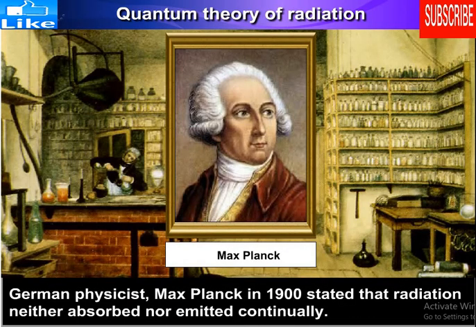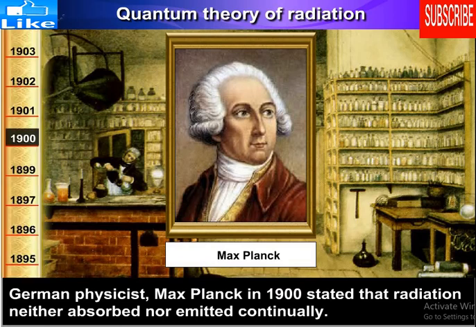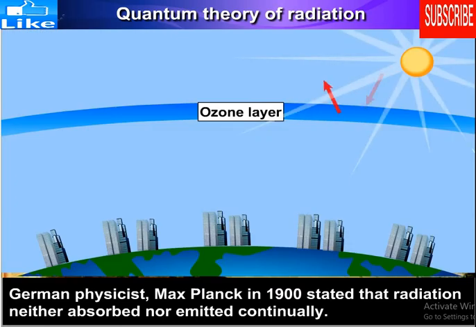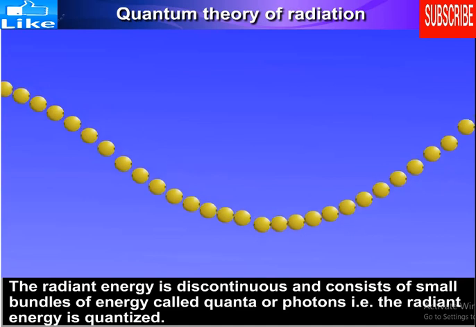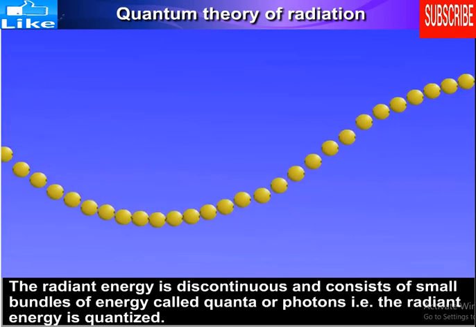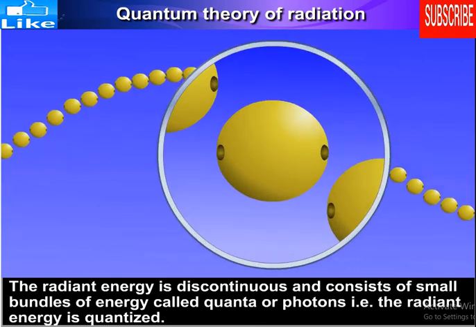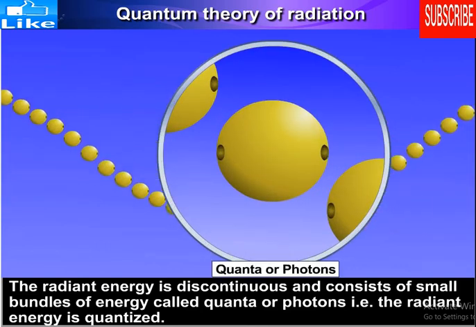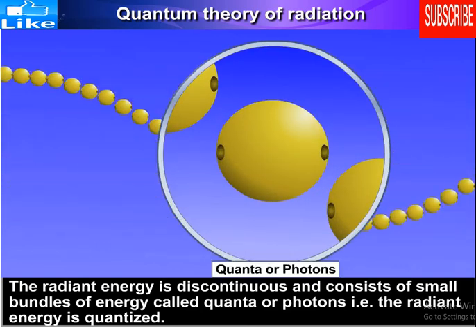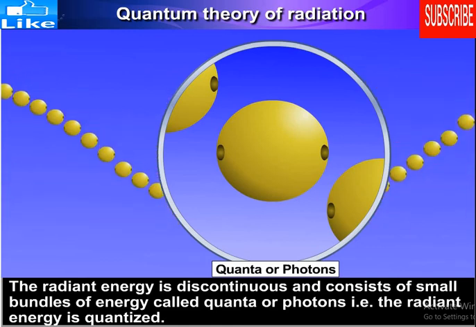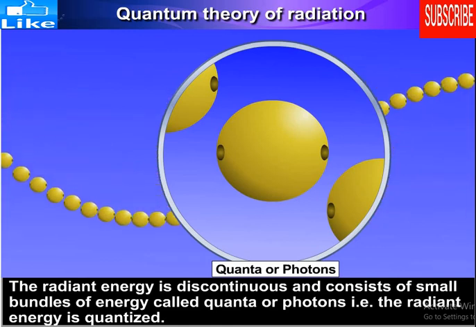German physicist Max Planck, in 1900, stated that radiation is neither absorbed nor emitted continually. The radiant energy is discontinuous and consists of small bundles of energy called quanta, or photons. That is, the radiant energy is quantized.